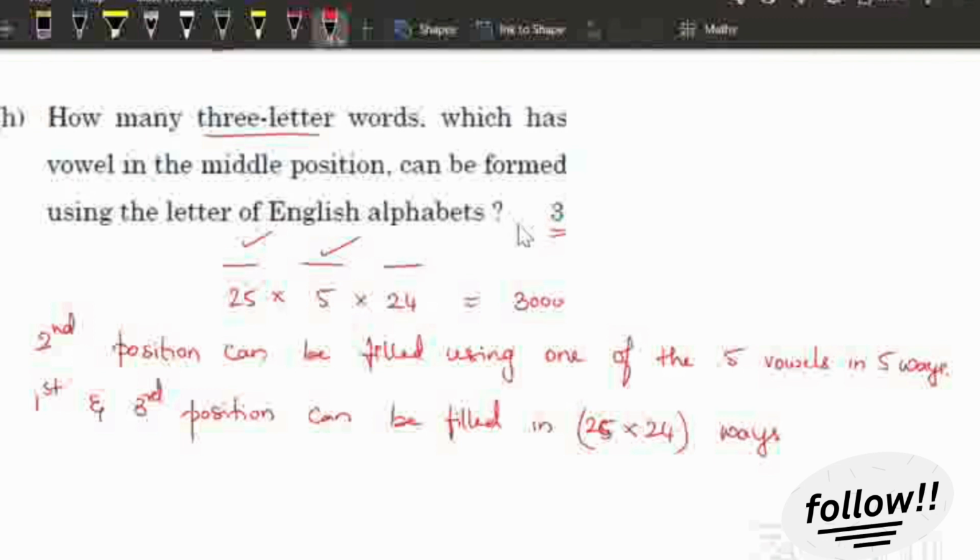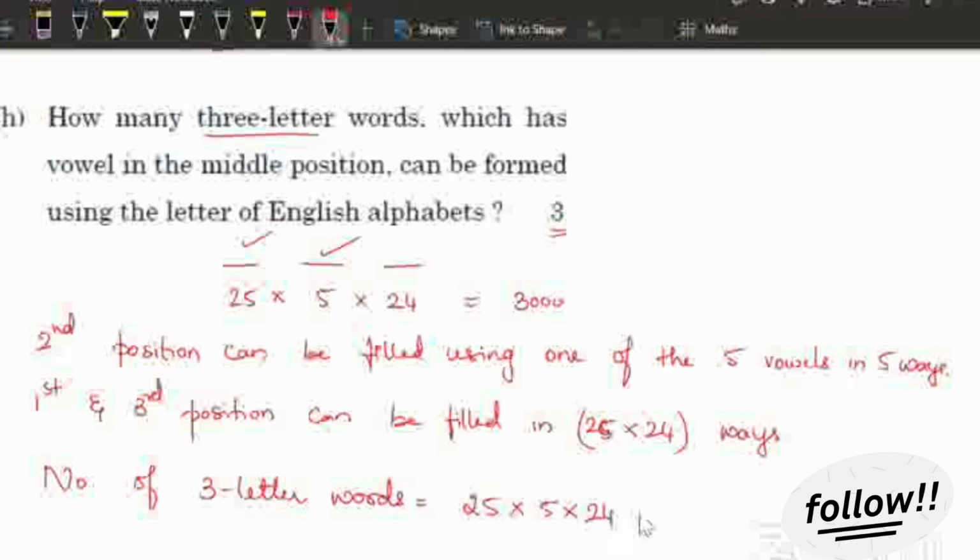Here, should we consider repetition or not? If nothing is given, assume that there is no repetition. Unless and until they give that repetition is allowed, we should always consider repetition as not allowed. So the total number of 3-letter words you can form is the product of all this. Number of 3-letter words is 25 into 5 into 24.